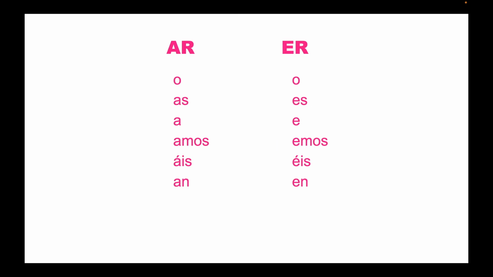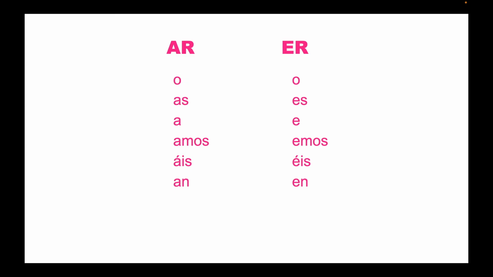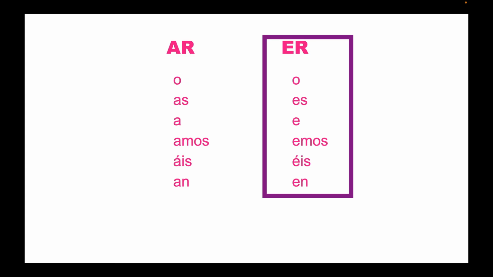So if I ask you what are the endings for the AR verbs in the present tense, you should be able to say by heart, o, as, a, amos, áis, an. Because if you know that, then you can figure out the ones for ER. O, es, e, emos, éis, en. All right. Hopefully you've learned that by heart.